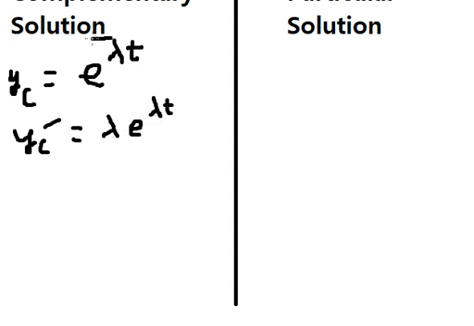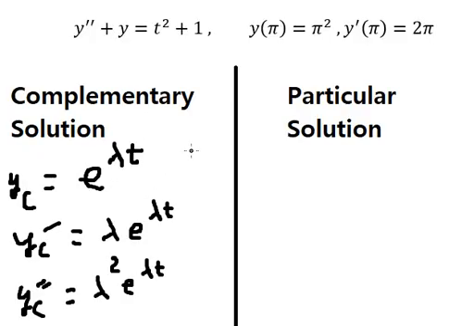We keep the same e to the power of lambda t, and then we take the derivative of lambda t, and you get lambda. Now for the second derivative of yc, we have lambda squared e to the power of lambda t.